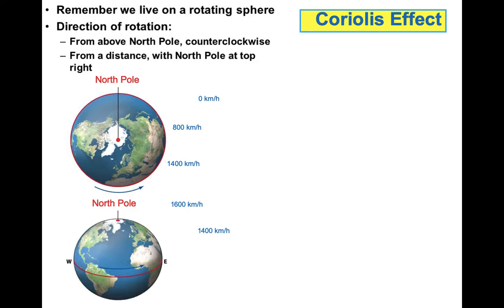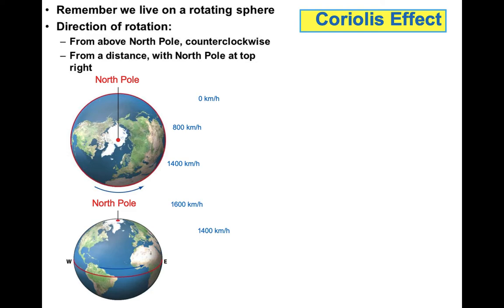We're going to talk about the Coriolis effect next. Coriolis effect is one of the most important phenomena on the face of the Earth, affecting the ocean currents and ocean waves, and also the atmospheric circulation patterns. Keep in mind that we live on a rotating Earth, and so the Earth is rotating around its tilt axis.